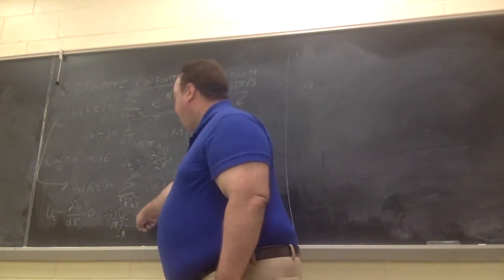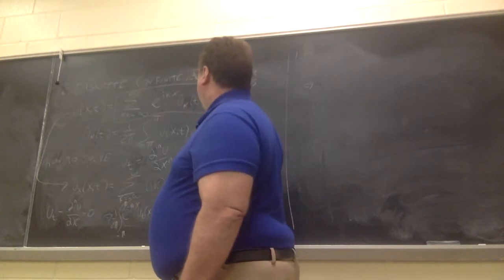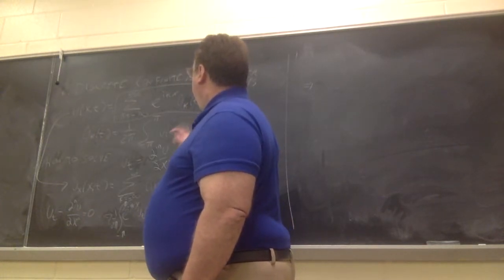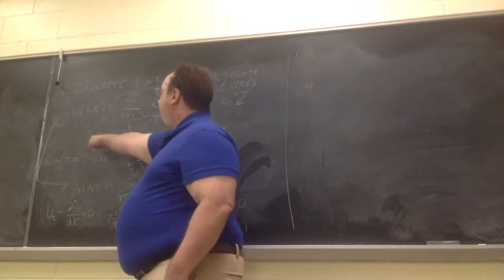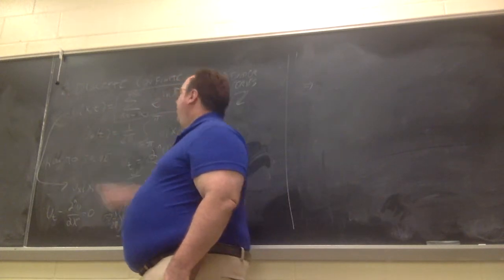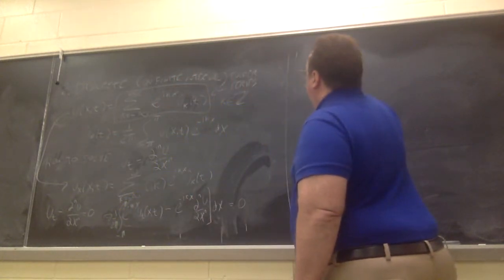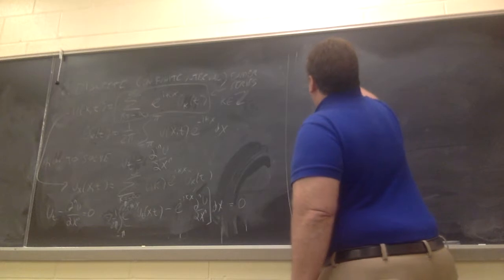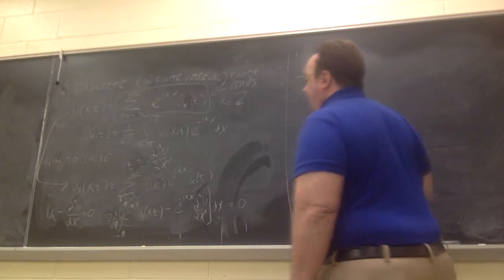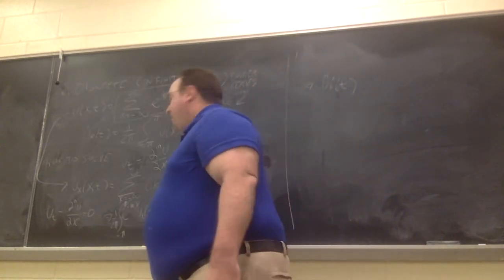And I'm taking u of t. What's that time derivative? It's the time derivative of the left side also. So I get u hat k prime of t. That comes from here.